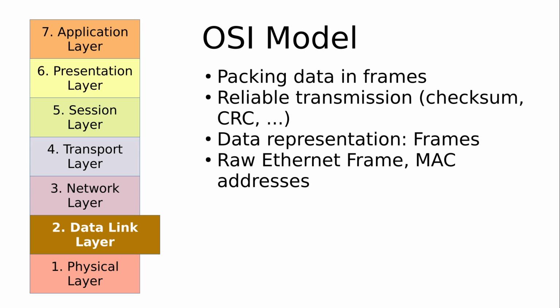In a raw Ethernet frame you have MAC addresses from the sender and the destination, and you also have a CRC included, so you can check if the received frame is matching with the CRC or if an error occurred during the receiving process. And switches are also layer 2 devices in the OSI model.